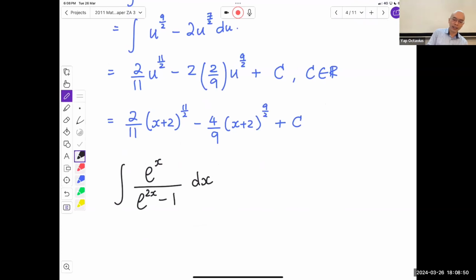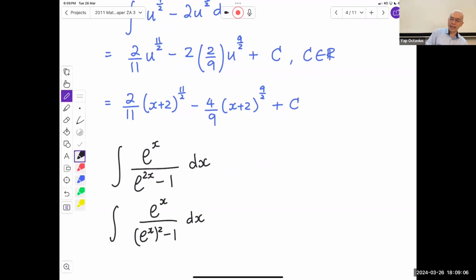Do whatever you can. Okay, first of all, let me rewrite this first. Then you'll see what's my plan. I'm going to do a substitution. e to the x dx. So my dx is 1 over e to the x du.